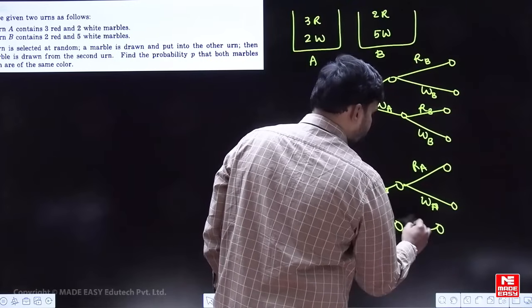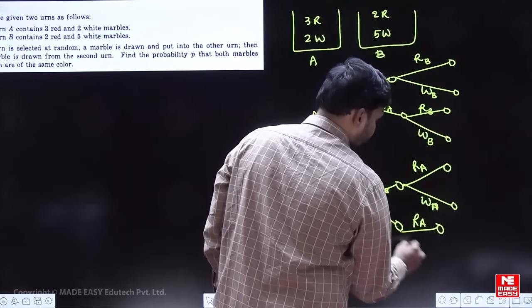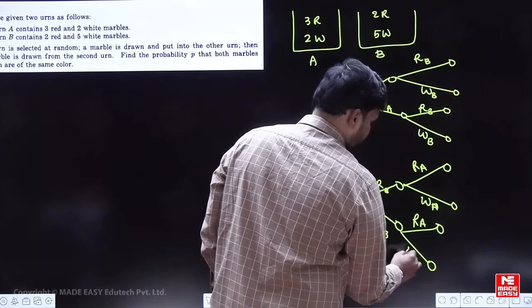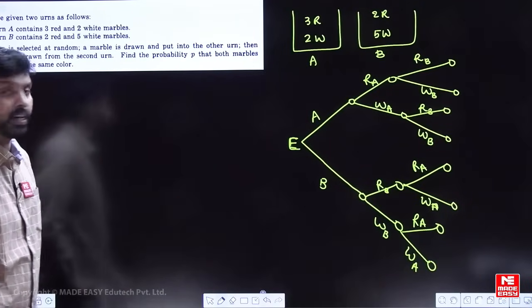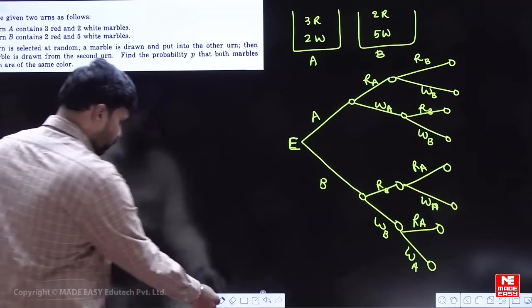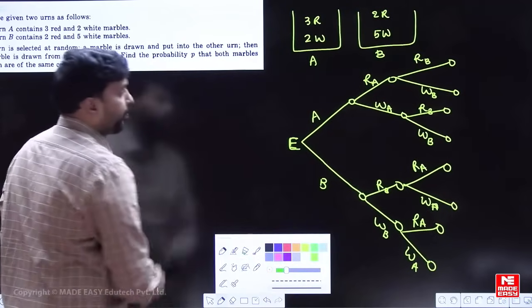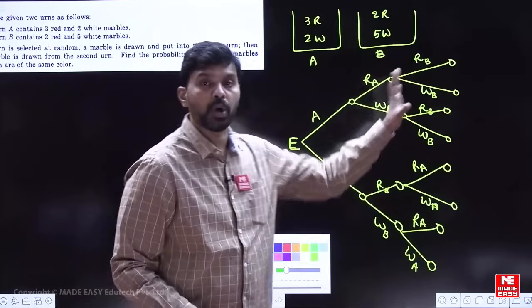So here also RA and then here WA. So these kinds of possibilities you are getting according to this tree diagram. These are the sequences of events.